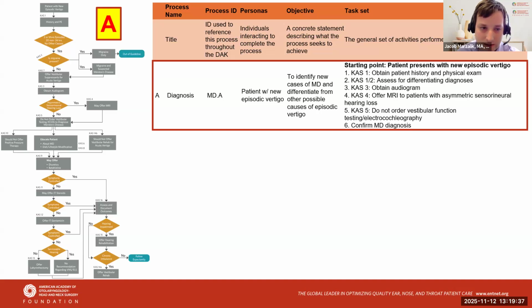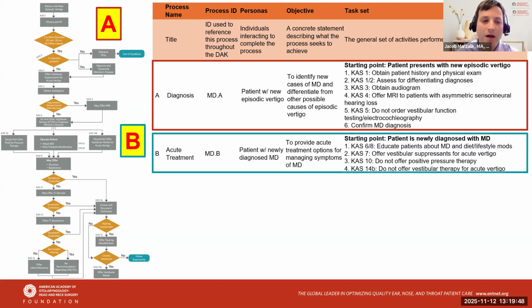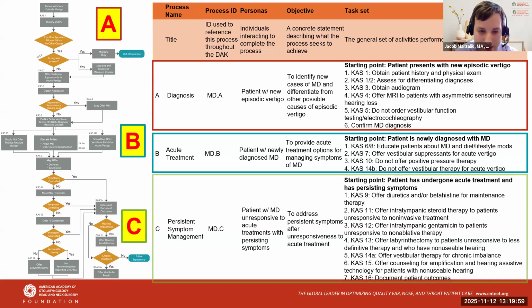So the first part you'll see is part A, and you'll see the starting point. You'll see that each key action statement is related to the diagnosis, the process. And then as you progress, you go down to level B, when the patient is newly diagnosed with Meniere's disease, you go through acute treatment, and then persistent symptom management, you go to the next level of the flow chart.